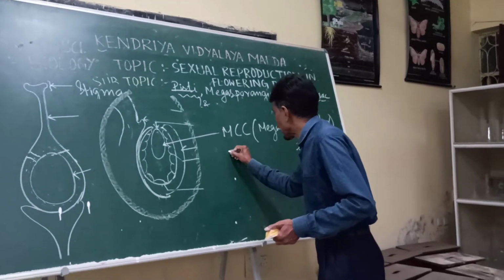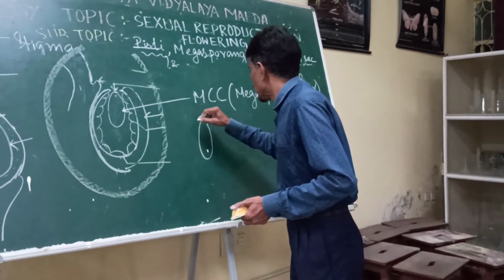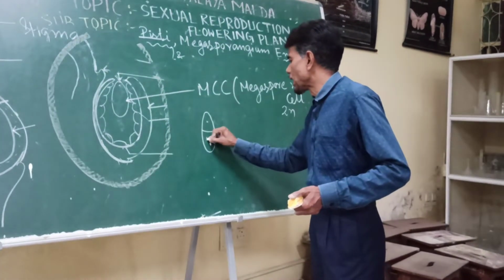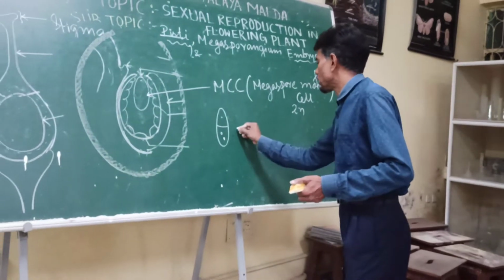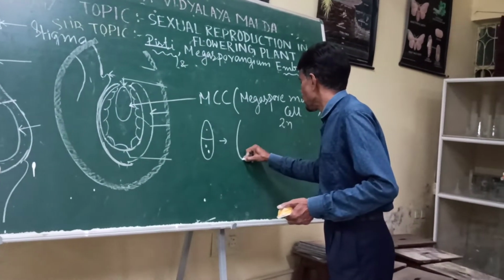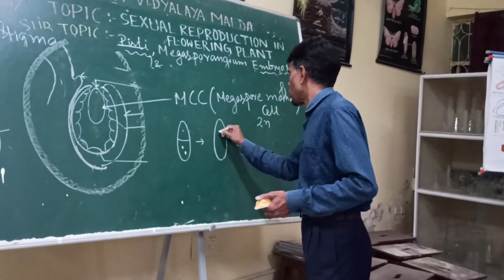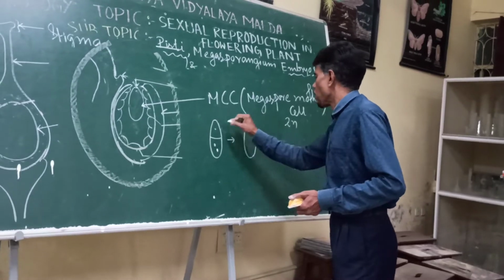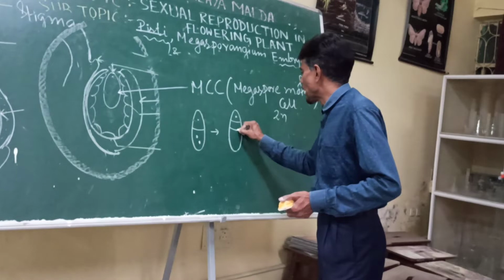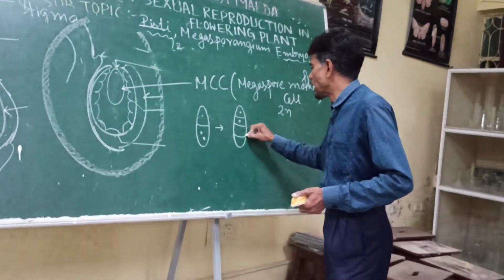Now, this megaspore mother cell divides meiotically to form a two-cell stage, then divides again, second meiotic division, each cell again dividing to form two cells. That means ultimately a 4-cell stage is formed.